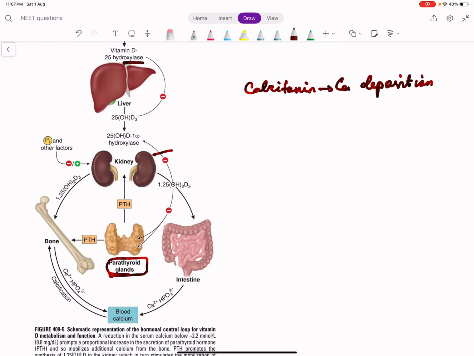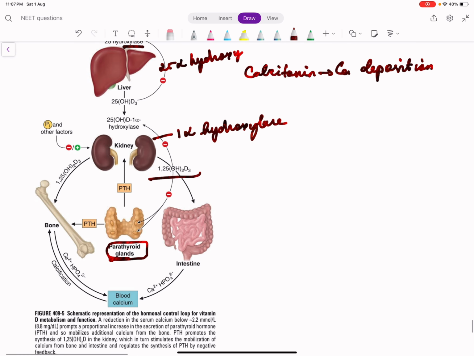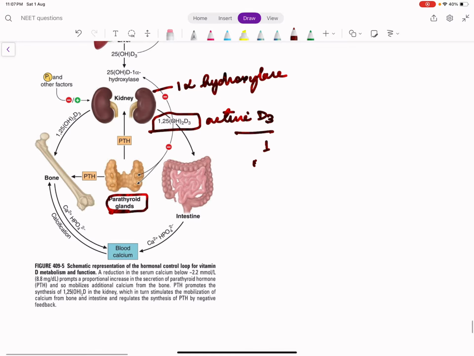Okay, so the kidney has 1-alpha hydroxylase, the liver has 25 hydroxylase. So finally we get 1,25 dihydroxy vitamin D3. This is the active form of vitamin D3. What does vitamin D3 do? It causes calcium absorption from the intestine. This is the major function of vitamin D.